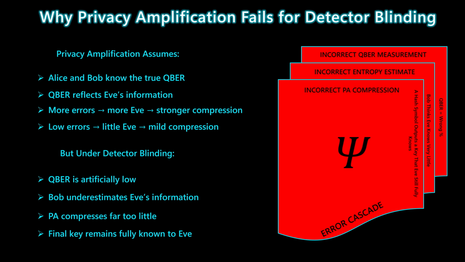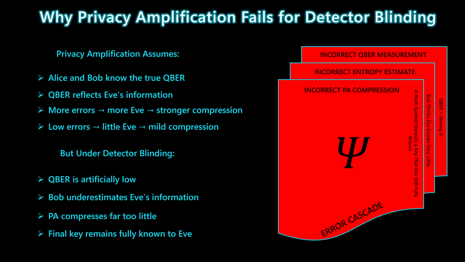Under detector blinding, that entire model collapses. Eve suppresses errors by forcing Bob's detectors out of the quantum regime and into classical linear mode. Mismatches that should produce errors are silently turned into losses. As a result, Bob measures a very low QBER, but that number is completely wrong.